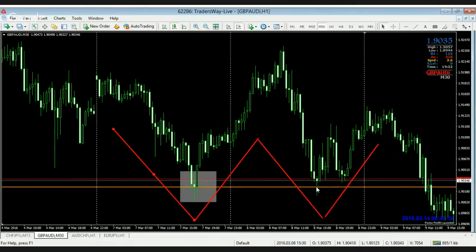After this candle closes, what we look for is an engulfing candle. What's an engulfing candle? An engulfing candle is something like this over here. You see that green candle right there? That's an engulfing candle.